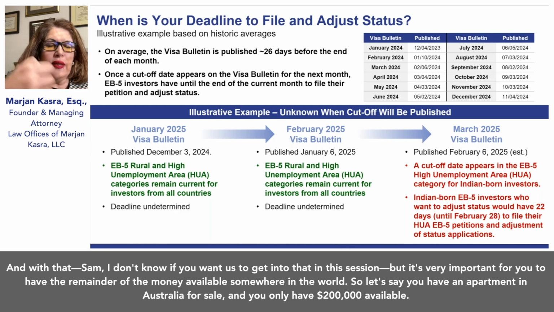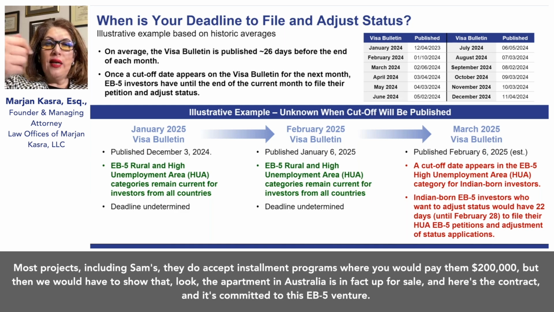So let's say you have an apartment in Australia up for sale, and you only have $200,000 available. Most projects, including Sam's, do accept installment programs where you would pay the $200,000, but then we would have to show that the apartment in Australia is in fact up for sale, and here's the contract, and it's committed to this EB-5 venture.